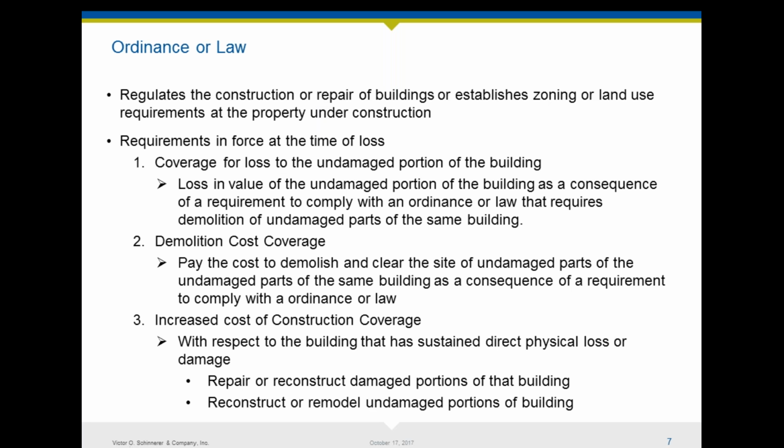So if there is a change in the zoning or land use requirements and they're enforced at the time of loss, and that could cause an undamaged portion of the building, due to this change in the law, to not meet the requirement that's in place at the time of the loss, this is where the coverage would respond. So there's three different portions of this coverage. There's the coverage for loss to the undamaged portion of the building. There's the demolition cost of the undamaged portion of the building, and the increased cost of construction coverage.